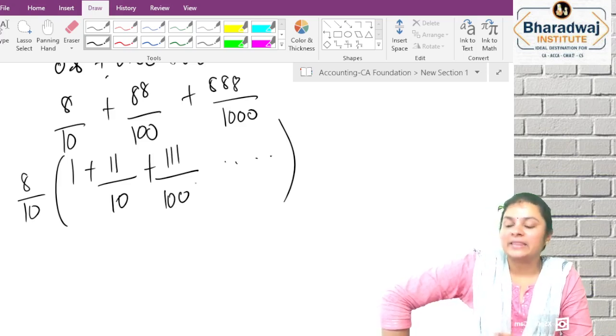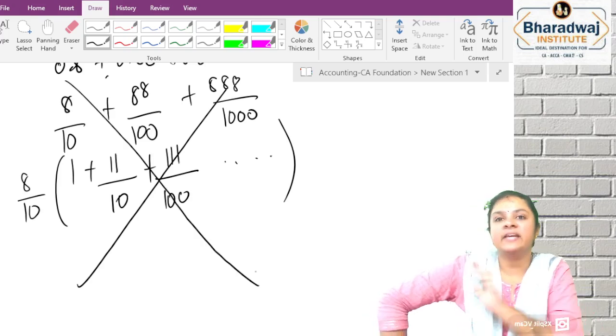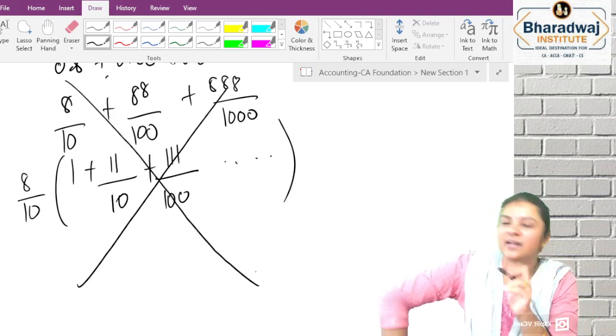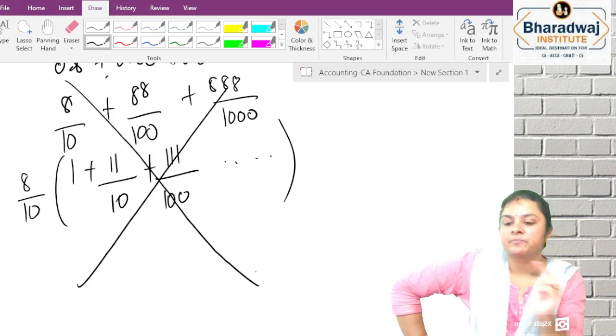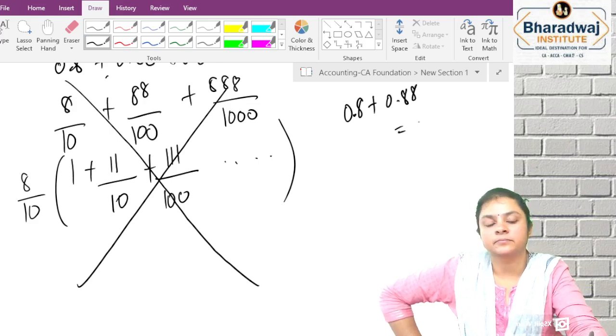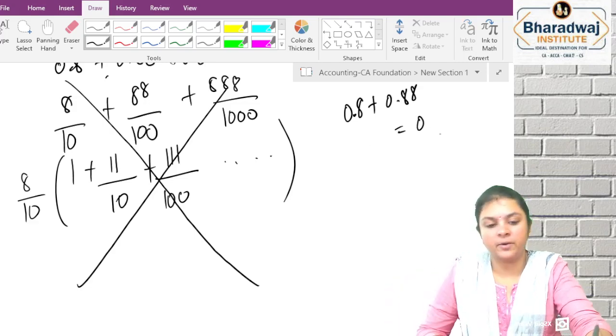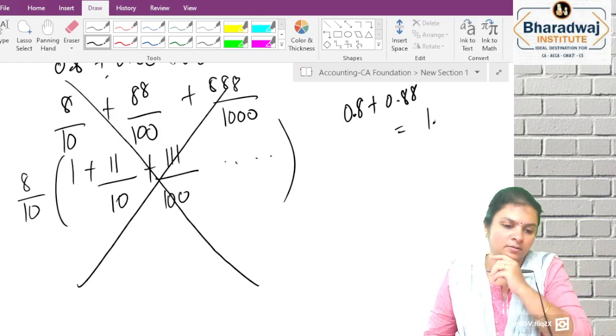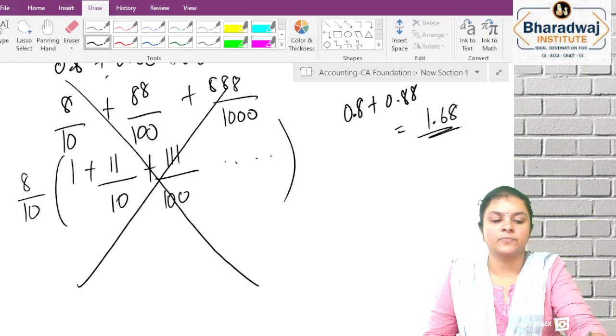Okay, if this kind of question comes, in sequence and series there is a shortcut. You need not do all this work. Take only the first 2 terms. 0.8 plus 0.88. What is the total? 1.68. Okay.